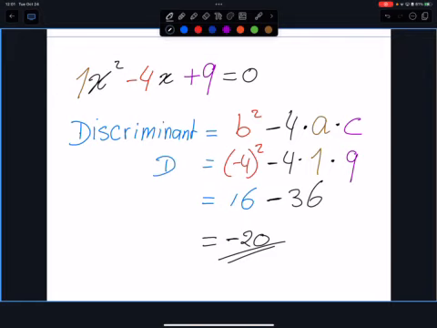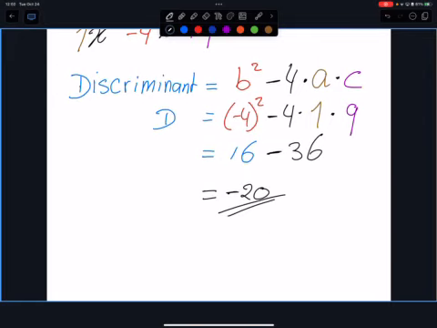When the discriminant is smaller than 0, there are no roots.